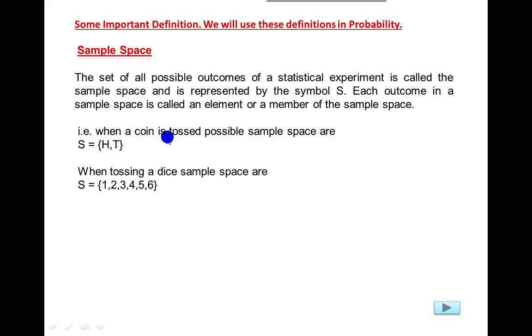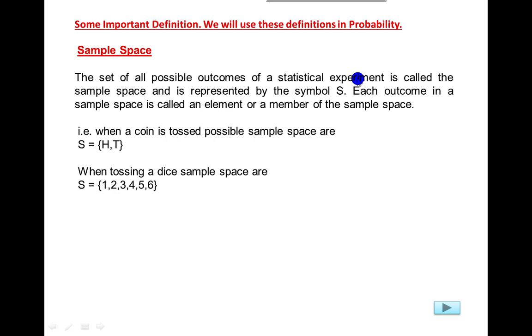So when a coin is tossed or thrown, possible results are H or T. The total possible outcomes is called the sample space. If you throw a coin, this is the experiment.